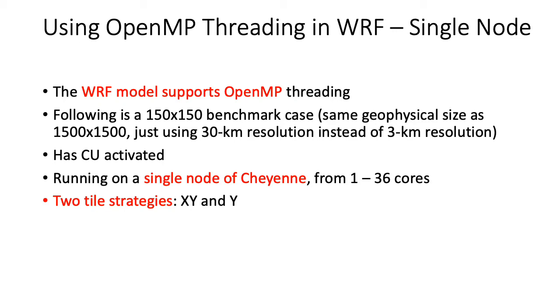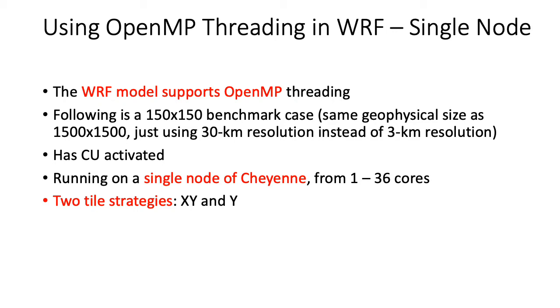With this 150 by 150 benchmark case, this is suitable to try out on OpenMP only from 1 through 36 cores. With OpenMP, we have a couple of tile strategies that are available. We can specifically ask for an XY decomposition where the domain would be cut into something like a plus sign, or we can look at a tile strategy that is Y, which means we have long, narrow rectangles that have the full extent in the X direction and are very small in the Y direction.